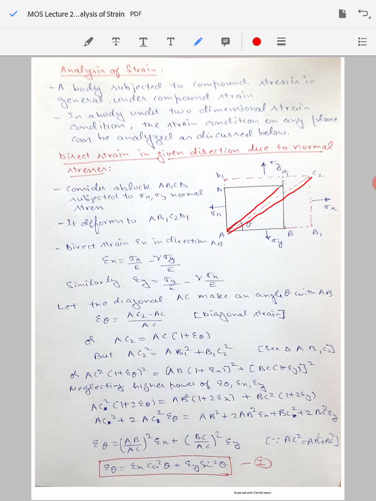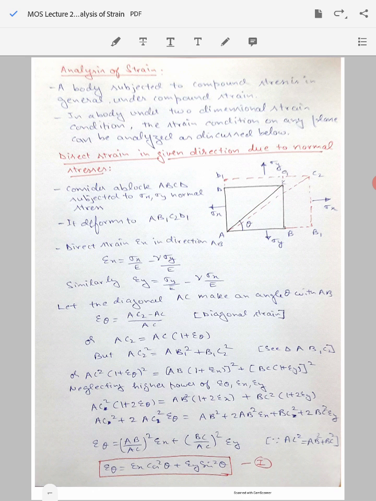So the deformation is AC2 minus AC, and the strain in the direction theta, which is called epsilon theta, will be given by AC2 minus AC divided by the original length of the diagonal, that is AC. You can call it the diagonal strain also, which if we simplify will give us AC2 equal to AC multiplied by 1 plus epsilon theta.